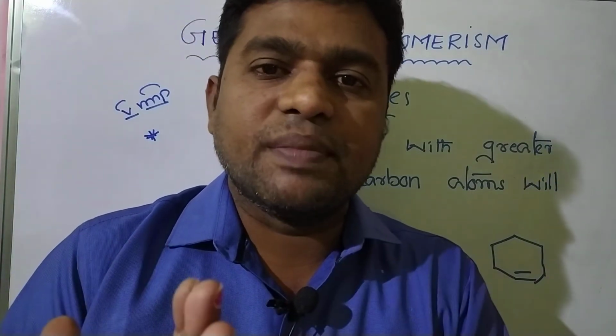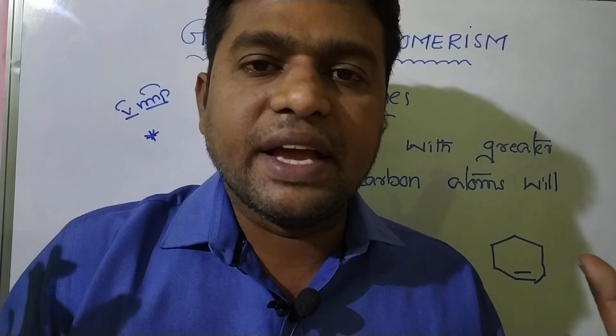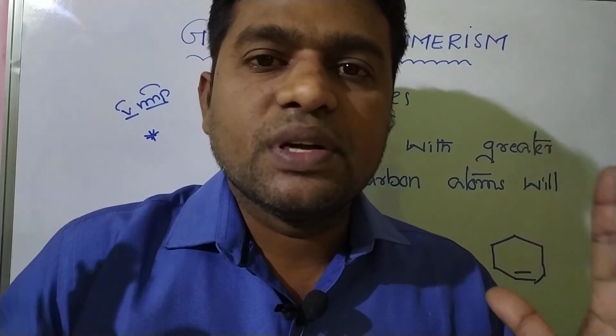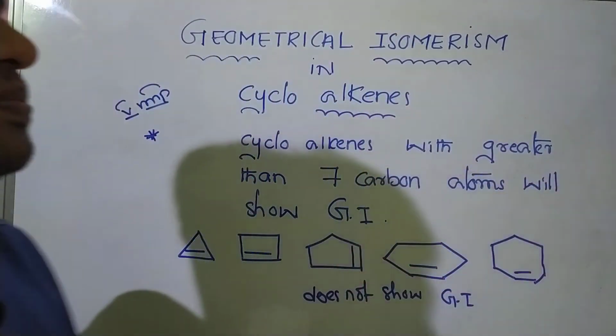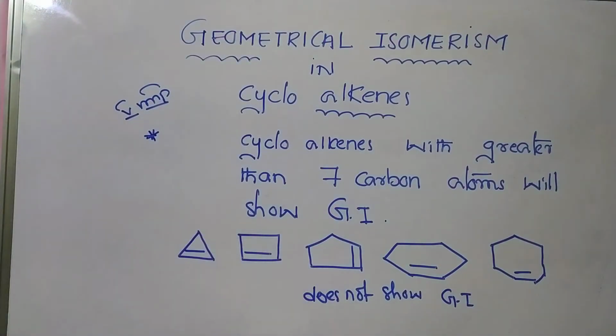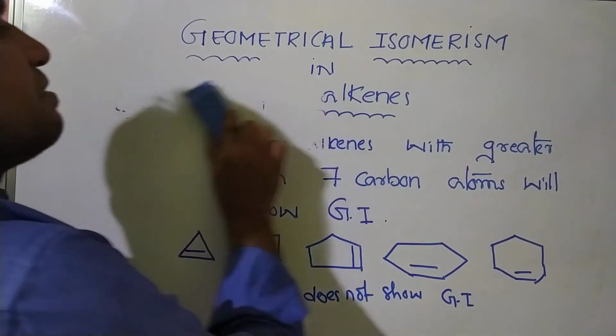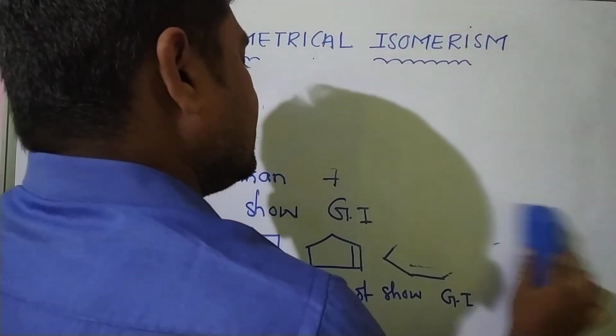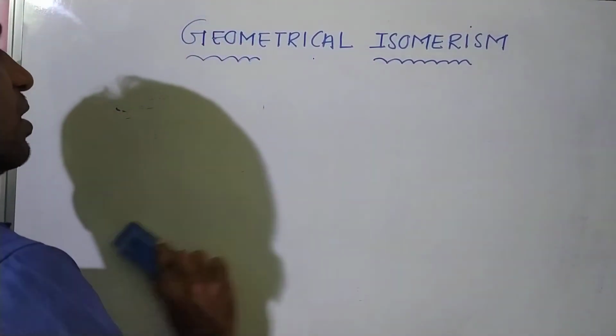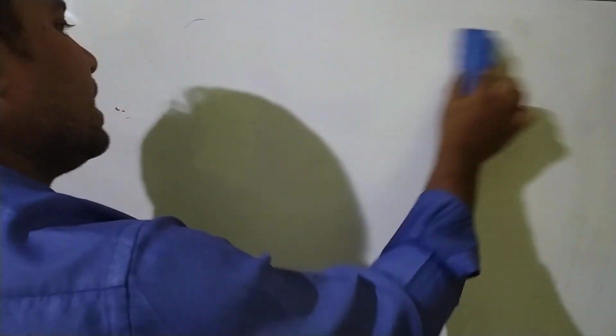Up to 7 carbon atoms, those cycloalkenes will not give geometrical isomerism. Okay, so I will explain the reason why cycloalkenes up to 7 carbon atoms don't show geometrical isomerism.